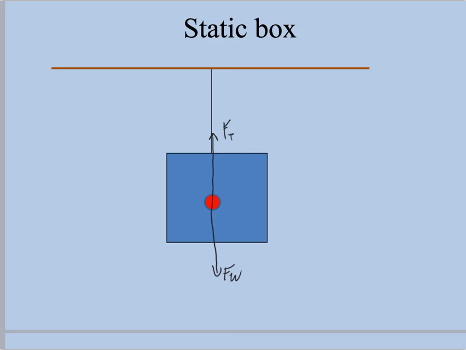And that tension force is preventing the box from free falling to the ground. The tension force is always going to follow right along the rope or chain or whatever the box is being hung with. It's always going to pull right back up the rope.